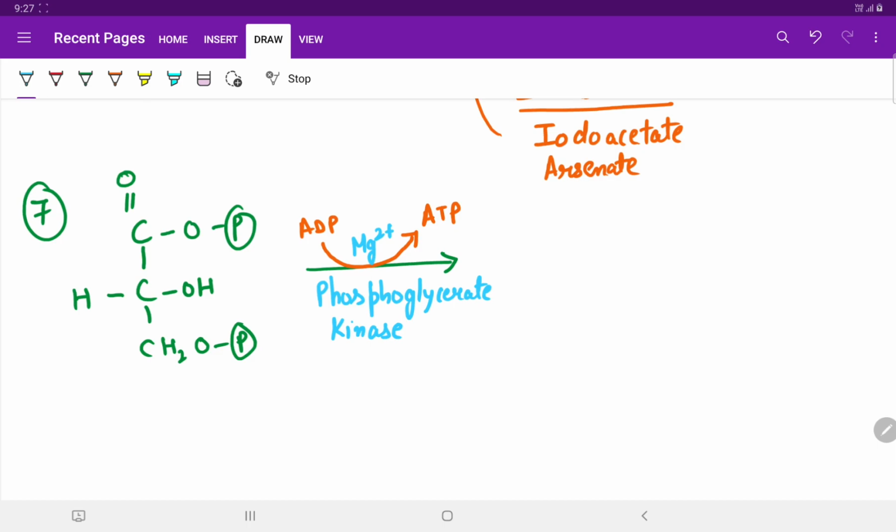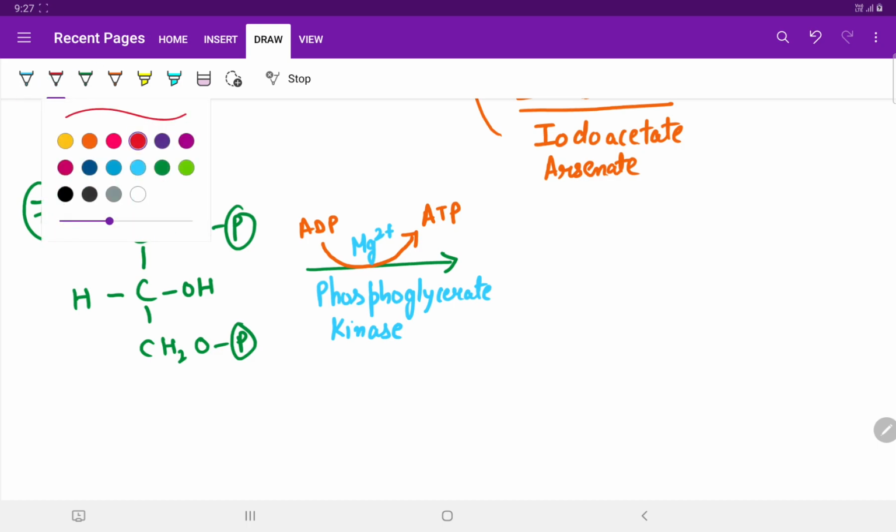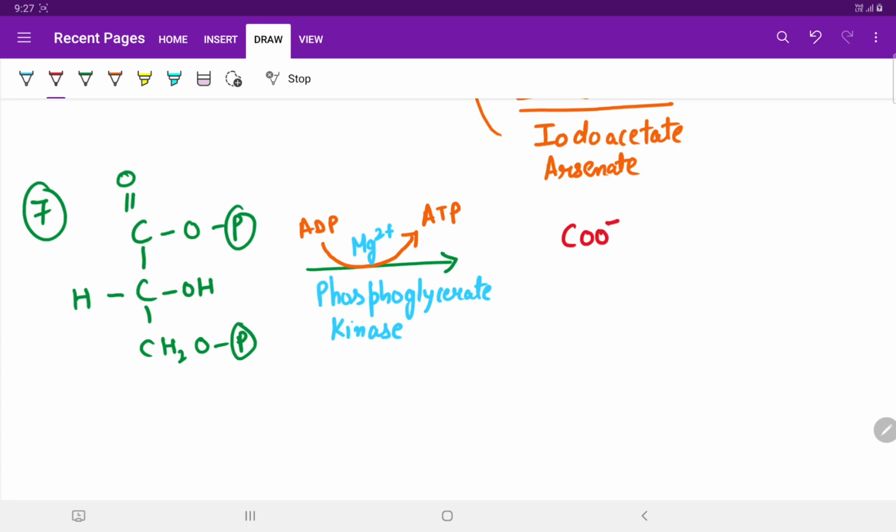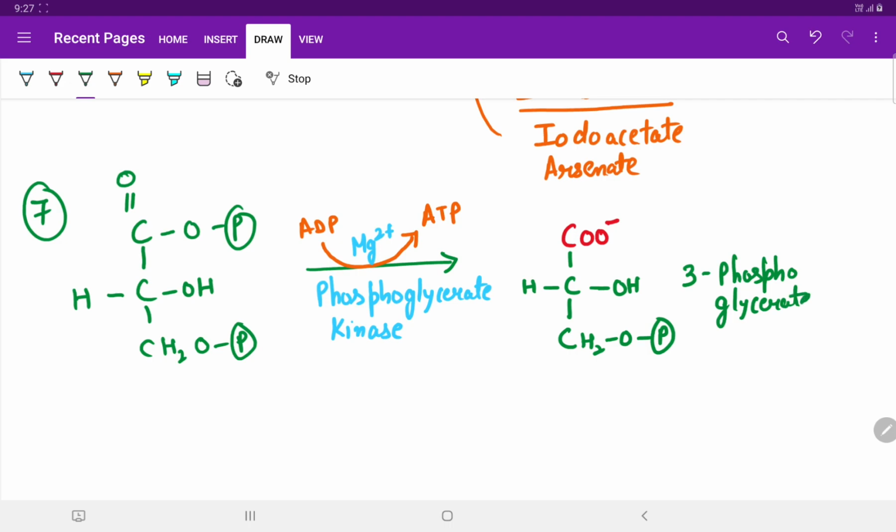The changes will be at the first carbon. So this is the structure for 3-phosphoglycerate, and this is the structure for 1,3-bisphosphoglycerate.